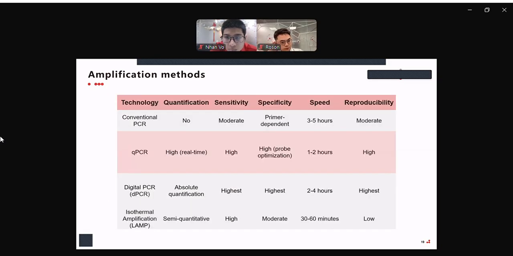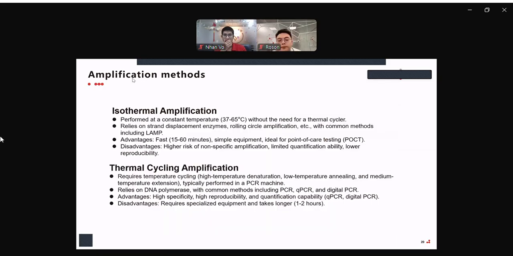For the conventional PCR, the qPCR, and the digital PCR, we can distinguish these methods as thermal cycling amplification, because the temperature of the amplification goes up and down, cycle by cycle.